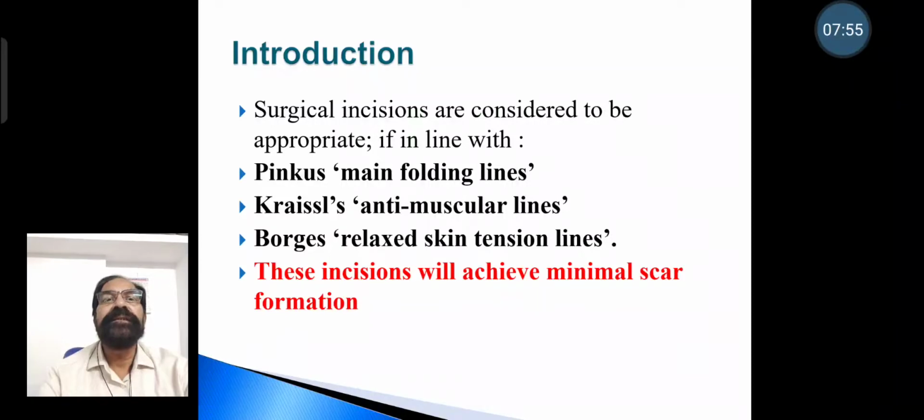Surgical incisions are considered to be appropriate if in line with Pinkus's main folding lines, or Kraissl's anti-muscular lines, or Borges's relaxed skin tension lines. These incisions will achieve minimal scar formation.